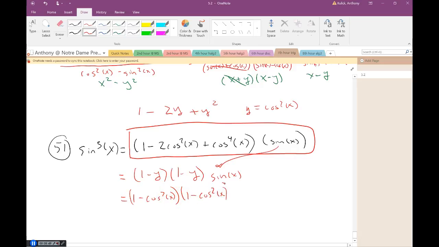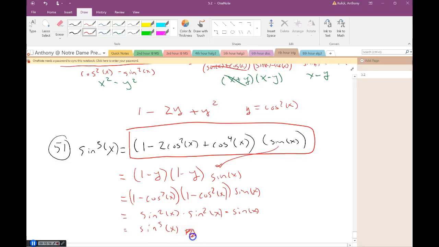And what's cosine squared x the same as? 1 minus cosine squared is the same as sine squared. So I have sine squared x times sine squared x times sine x, which is just, if I add up the exponents, sine to the 5th x.